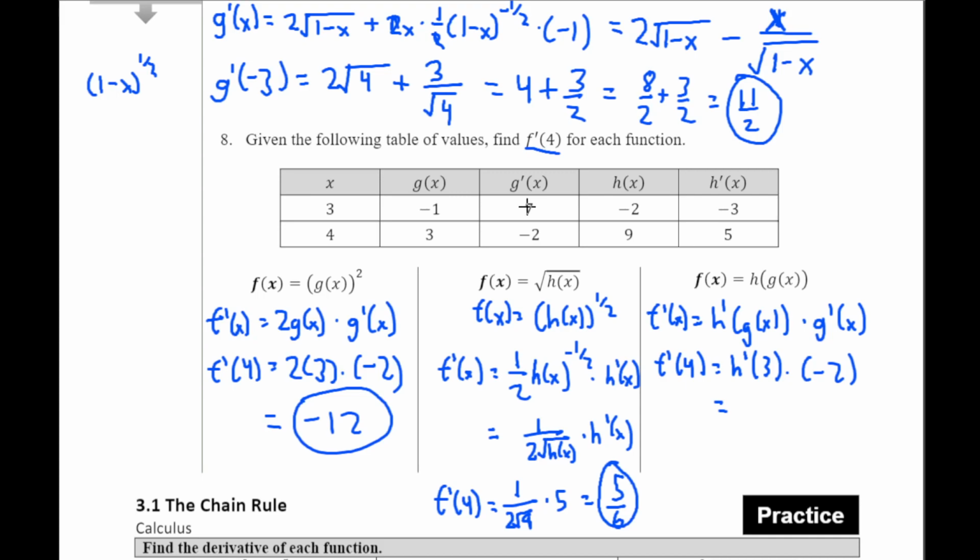H prime of 3 is equal to, see, the g of 4 is 3, and now we got to do h prime of 3. H prime of 3 is negative 3 multiplied by negative 2, which gives us a positive 6 as our final answer.